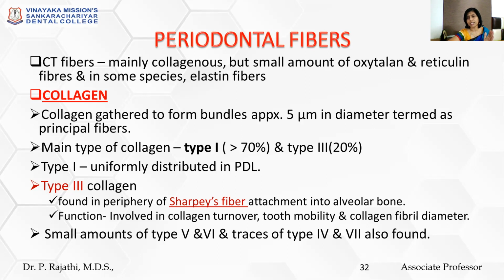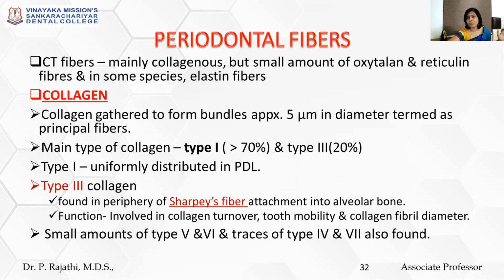Sharpey's fibers are nothing but the terminal fibers of the principal fibers of the periodontal ligament. The end of the fibers where they get inserted into the cementum or into the bone, you call it Sharpey's fibers. There it gets mineralized and has type 3 collagen fiber.